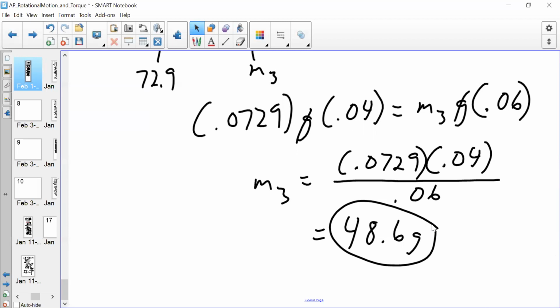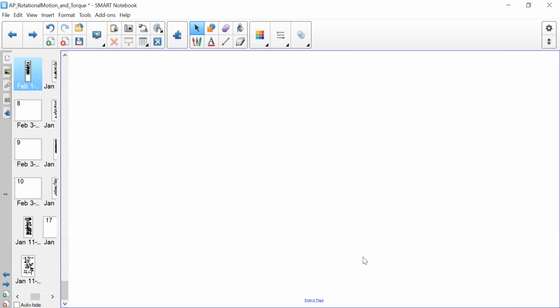So next what we want to do, and I'll let you do an example yourself, of course, we're going to go back to page 343 and take a look at the example of the man on the drawbridge. So we have a number of things happening here. This is kind of like your real life engineering balanced torque situation. You want to create a plank or the situation such that everything's in balance.